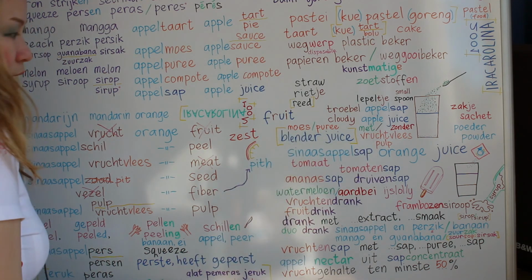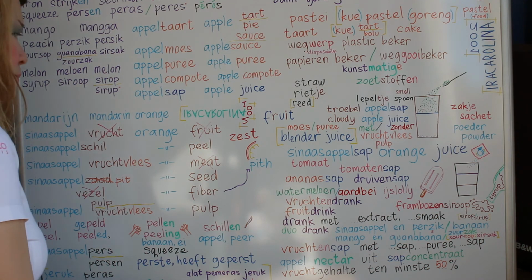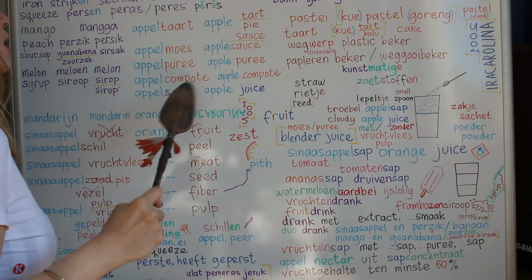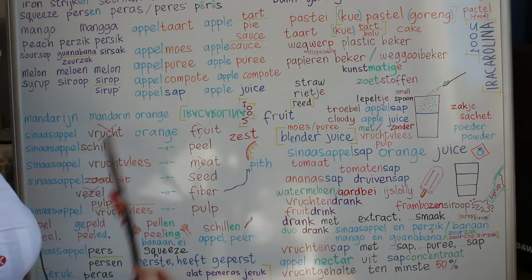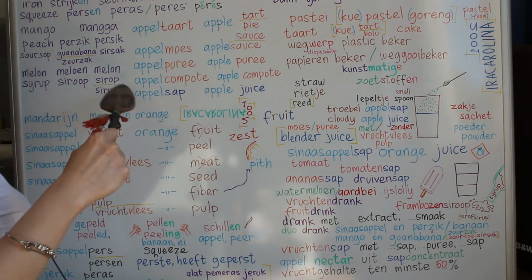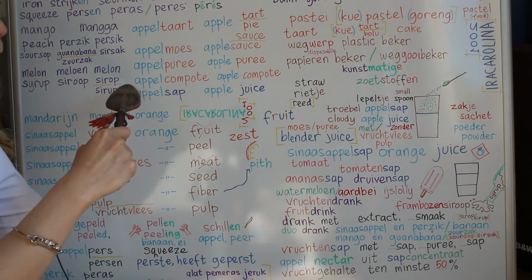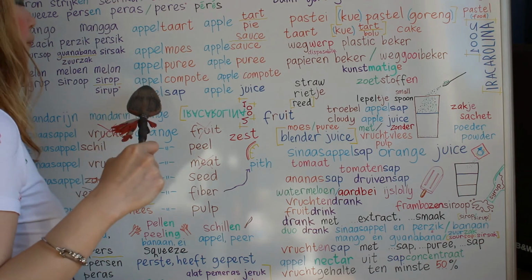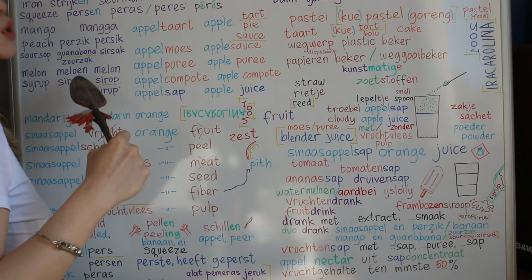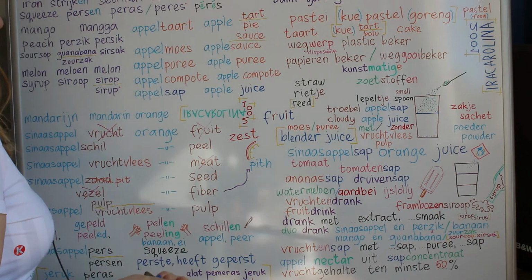Moes, puree, it's the same in English. We'll go here. Appelsap, apple juice. Apple compote, in Dutch the same, but you put it in one word. This one also the same, but in Dutch you put it in one word, apple puree.